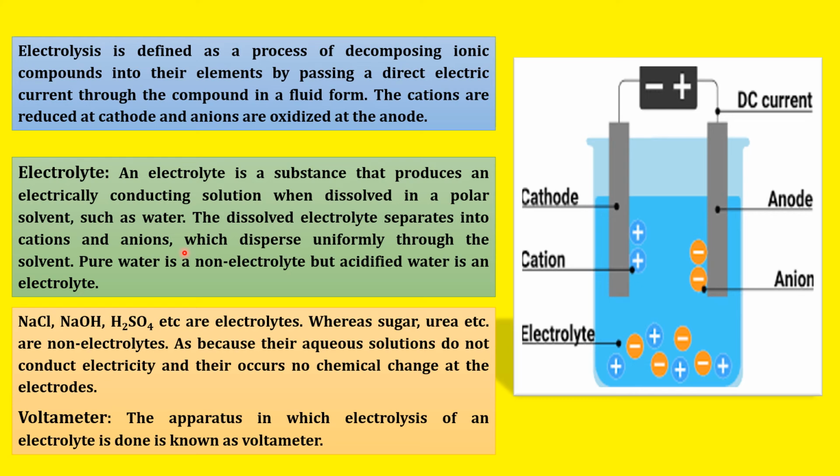One more thing, whenever you are reading chemistry, please try to remember the formula. The formula of sugar is C6H12O6, that means glucose. And the formula of urea is CO(NH2)2. Hope you have understood the total process, the electrolyte, the cation, the anion.